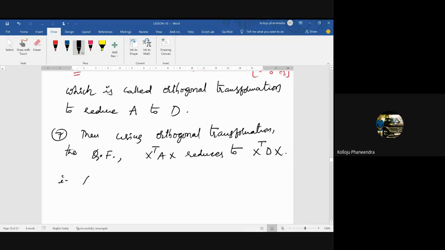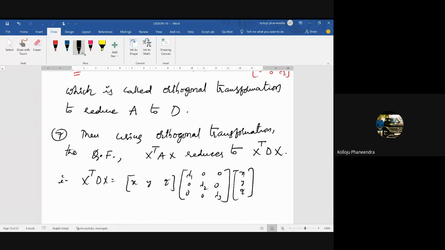That is, X transpose DX is nothing but the row (x, y, z) times the diagonal matrix lambda 1, lambda 2, lambda 3 times the column (x, y, z).